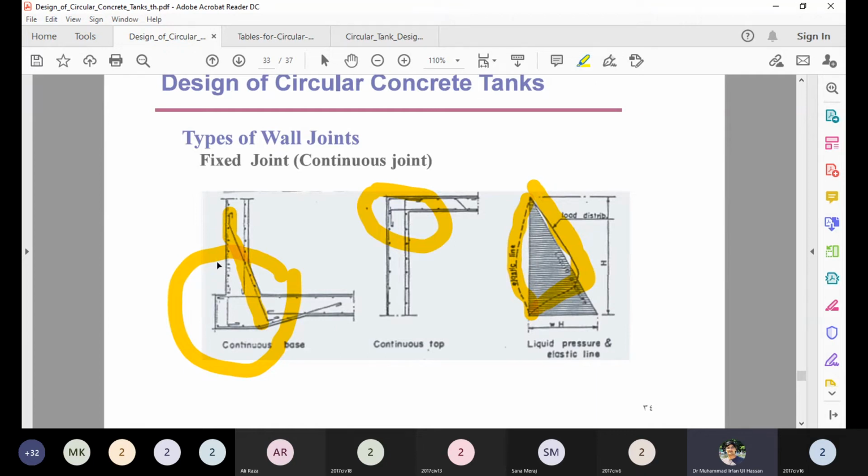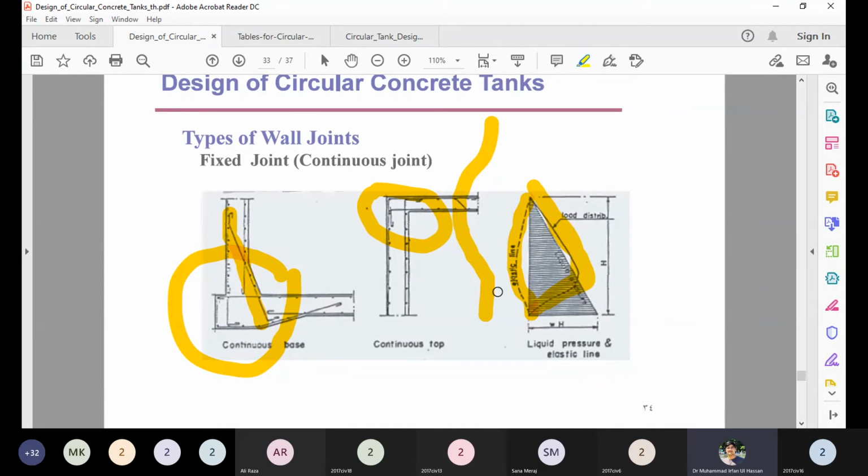So this tank will take a reasonable movement at the base, and it will develop the tension on the water side initially. You see it's bending like this. First the tension is on the water side, then the tension is on the outside, then again the tension is on the water side.